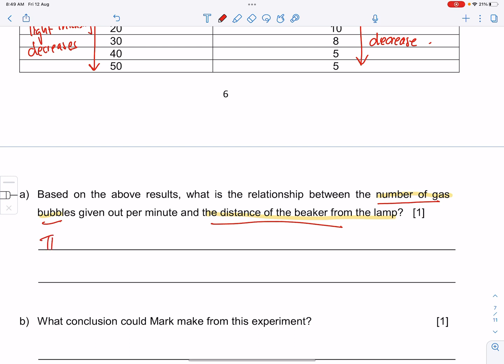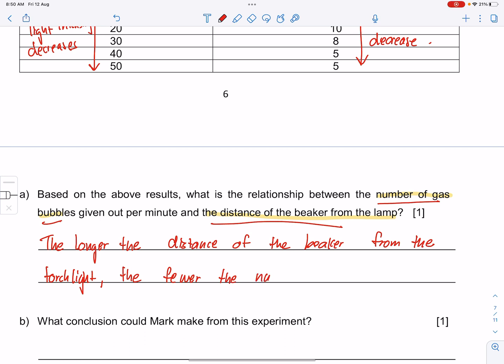So it will be: the longer the distance of the beaker from the torchlight, the fewer the number of gas bubbles given out per minute.